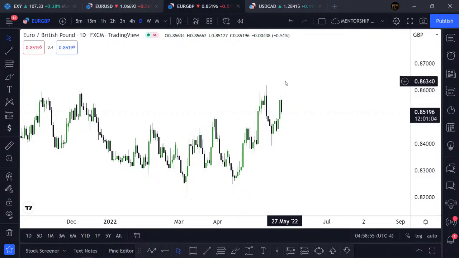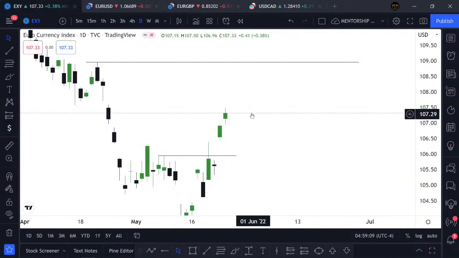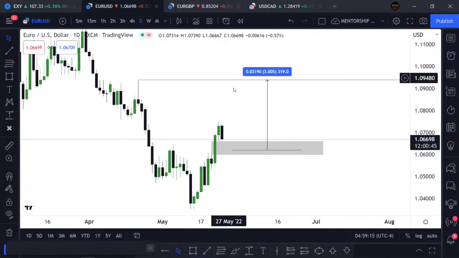Those people that enter the market for weeks and maybe months, not scalpers, not day traders, okay? If you're a day trader and you're waiting for price to come to this level, then you might end up waiting forever.